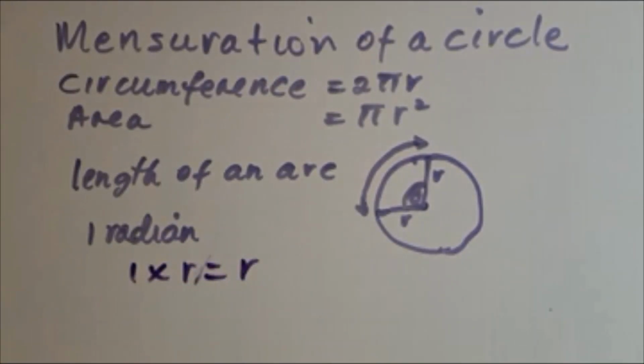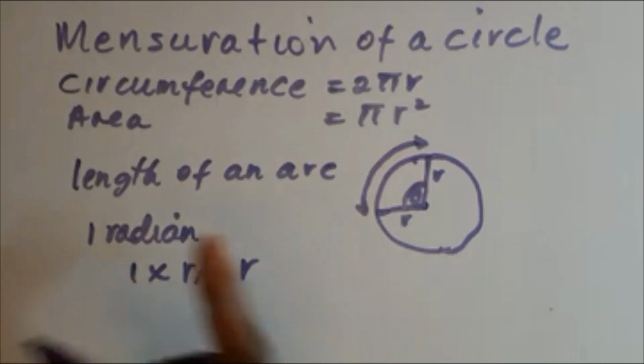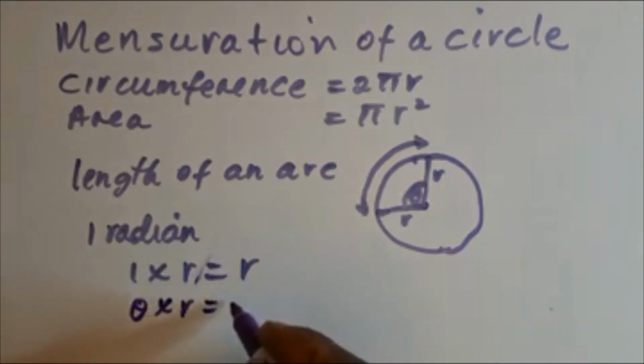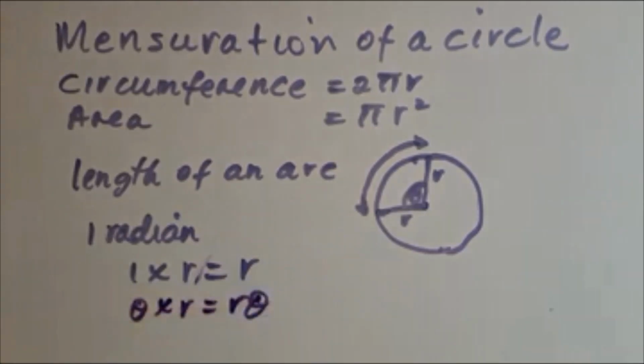Now that implies that if we have an arc which subtends theta radians instead of 1 radian, then the length of the arc is theta times r, which is r theta.